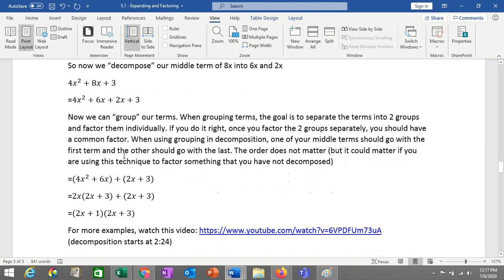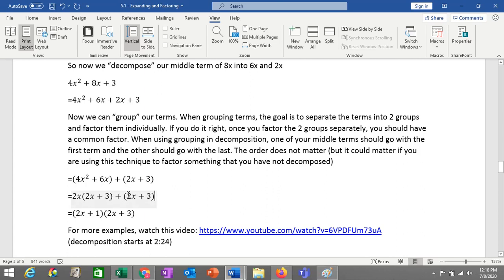Okay? So we group the 4x squared with the 6x and the 2x and the 3. I can't factor anything out of the 2x and the 3, so I just leave it. 4x squared plus 6x, I can common factor out an x, and I can common factor out a 2. And you'll know if you've done this right if this bracket and this bracket are the same.